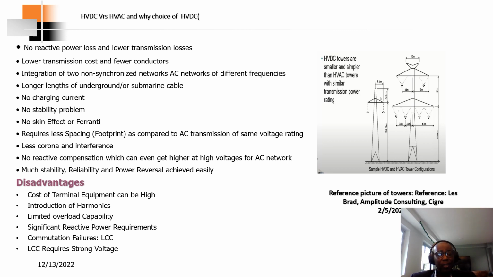Also, current source converters require a strong voltage or stiff grid, so that itself introduces additional cost, in performing all the feasibility analysis to make sure that you have a strong grid to integrate it to.